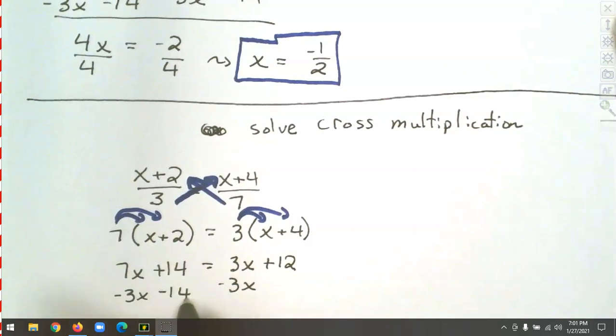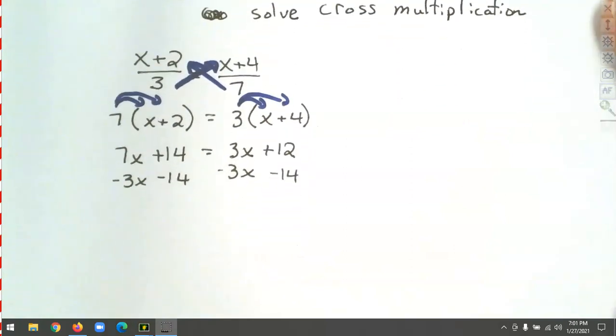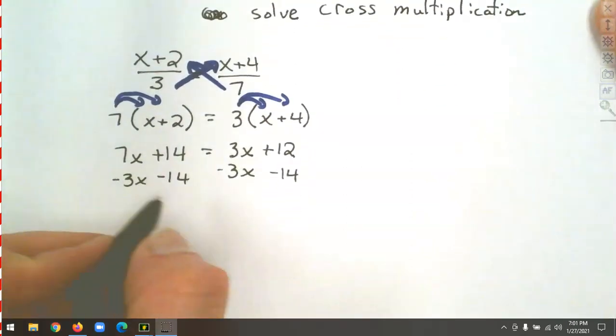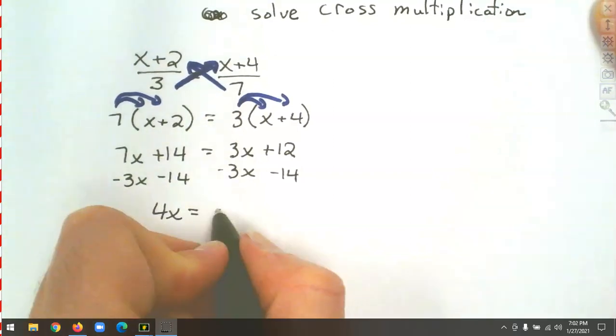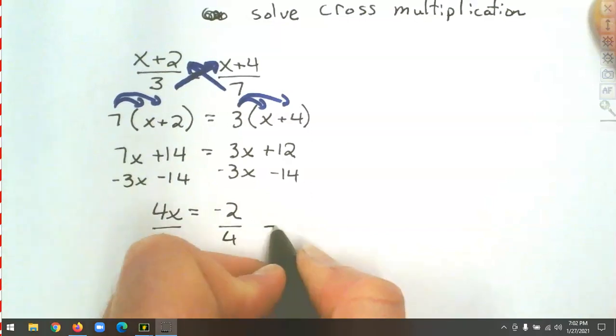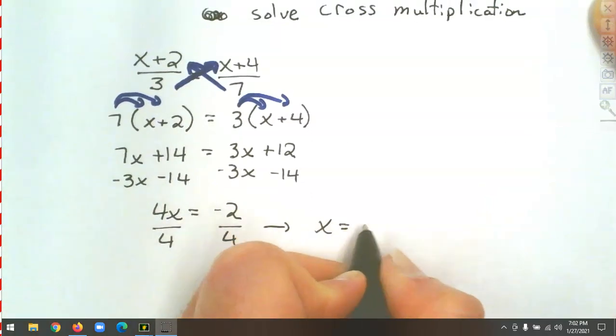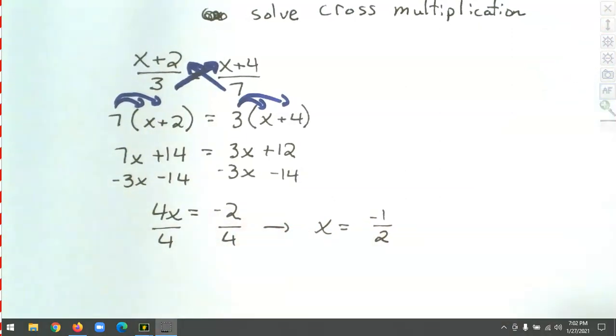Move the 14 over. And we end up with the same result, because we still end up with 4x equals a negative 2. We'll divide by our 4 and reduce it, and that leaves you with x equaling a minus 1/2. Two different ways of solving the same problem.